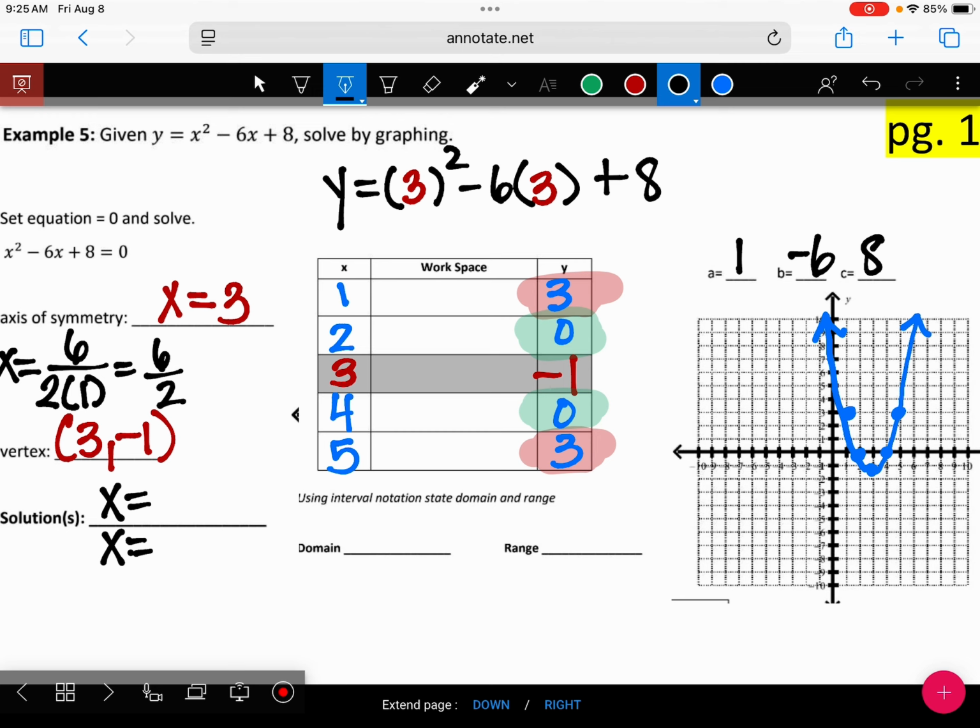Somebody else want to tell me what you got for your solutions? 2 and 4. So your domain is all real numbers. Your range, the lowest y value is 2, and it's going up to infinity. And that would be your answer.